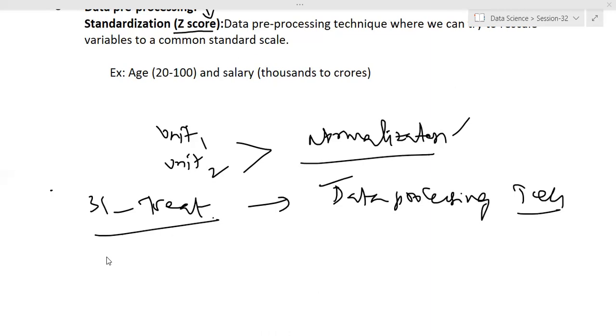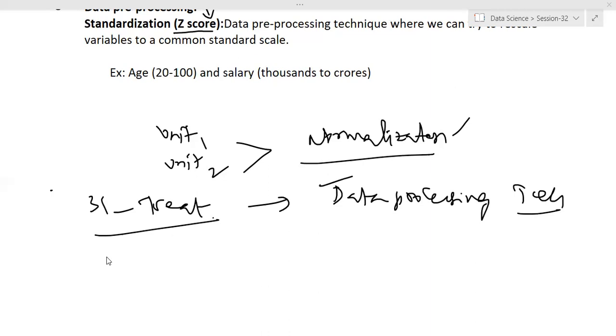Likewise, I need common scales for age as well as salary, so that my model doesn't mistakenly treat some points as conveying other information or give them higher priority.